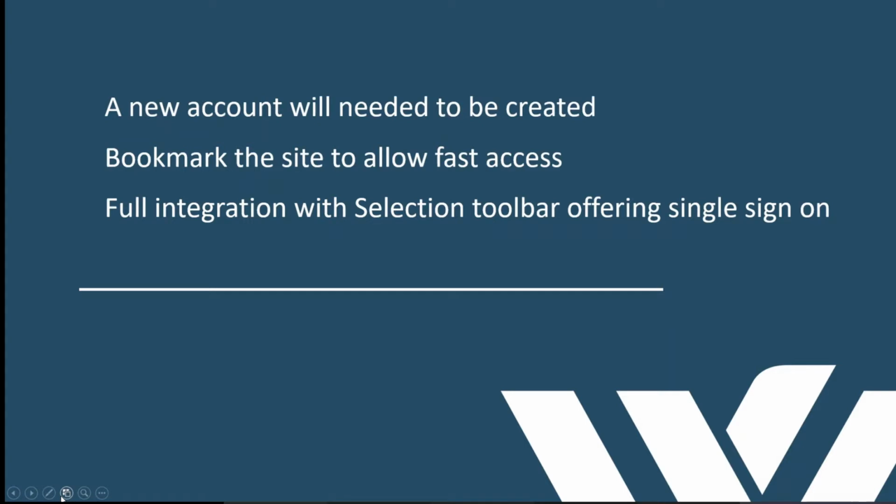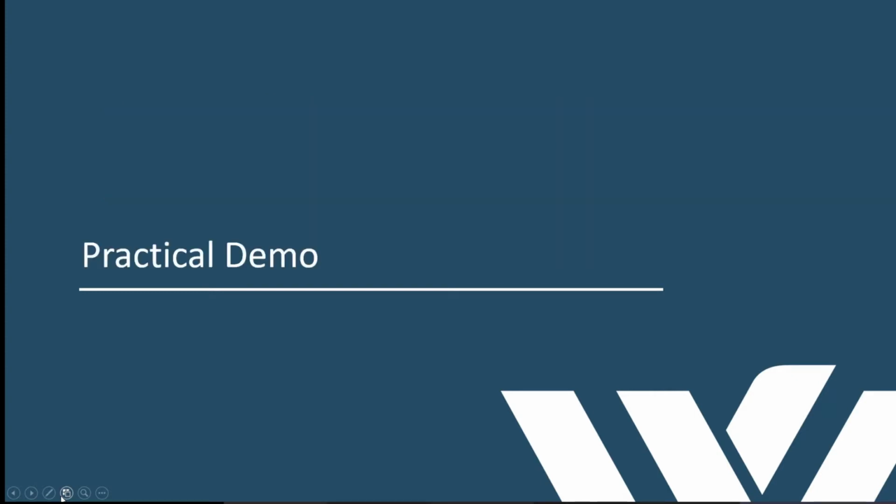You'll need to sign up and register for the first time to use the new web-based version. And as I said, it's worth noting that you really want to create a bookmark to this so you can go back to it very quickly and easily. By default, you obviously don't get a desktop shortcut because it's not an installed program on your computer. So really the whole point of today is to do a demo.